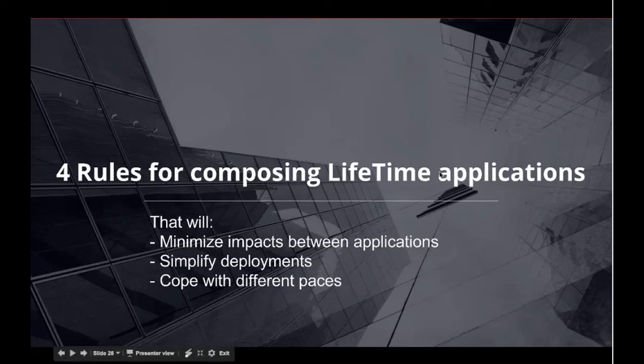An application in OutSystems is a set of modules that you combine and that you can version, and it's the minimum deployment unit that you can deploy across development, quality, production using lifetime, okay? But these are the rules that will minimize impacts between applications, simplify the deployments, and cope with different paces, different life cycles, and so on of your modules.